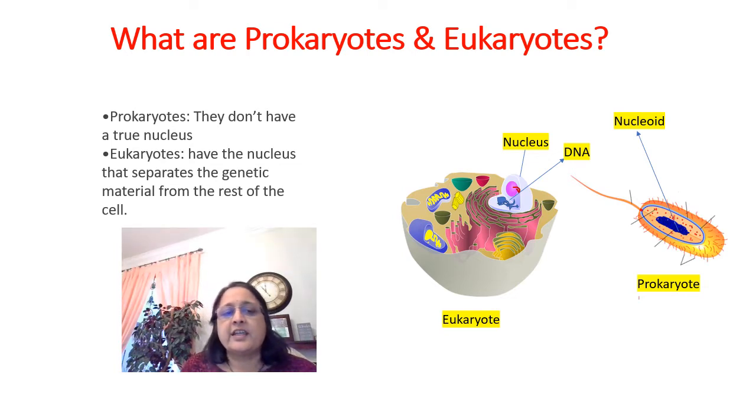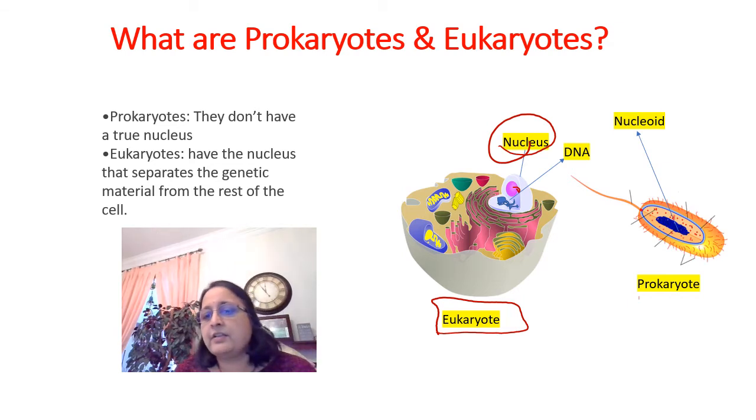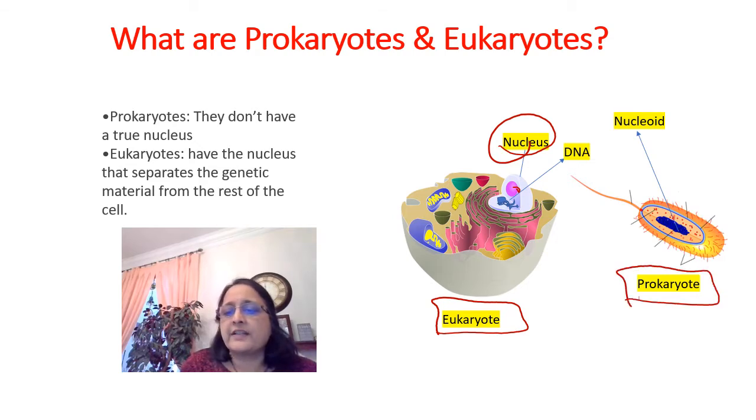This is based on a structure within the cell called the nucleus. The nucleus is a membrane-bound structure enclosing the DNA or genetic material. If the nucleus is present, then you call that cell eukaryotic. And if the DNA is freely floating without a nucleus, then you call that cell prokaryotic.